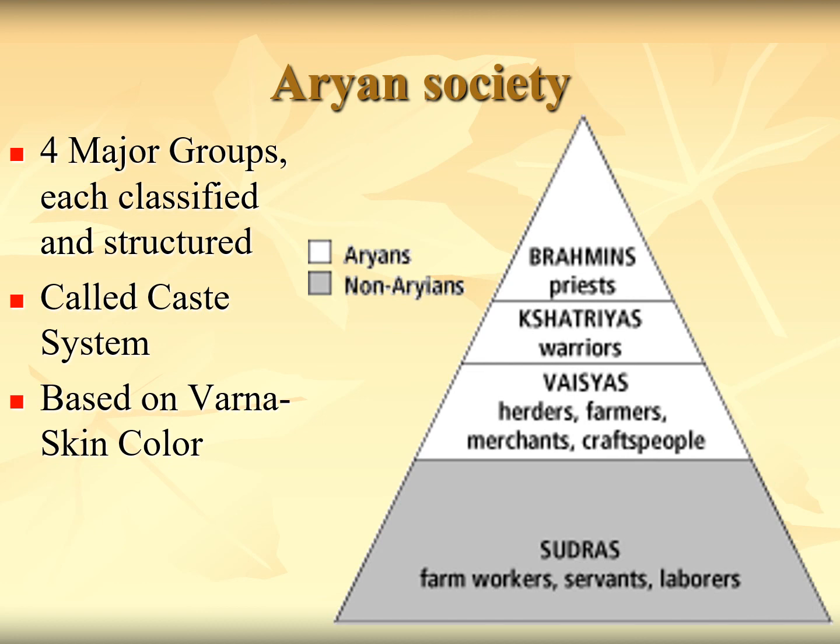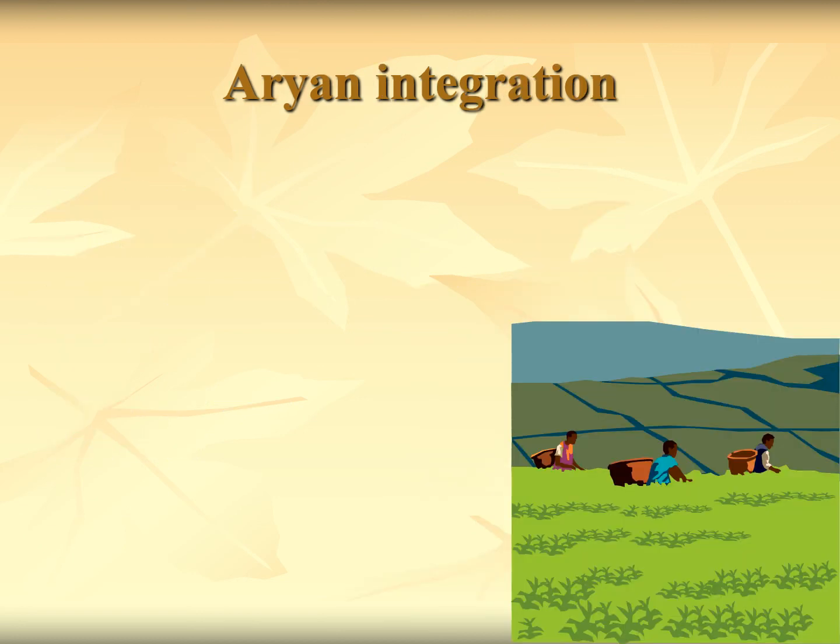So at the top, we have the Aryan classes of Brahmins, those were your priests, your Kshatriyas, who were your warriors and leaders, and your Vaishyas, which were your herders, farmers, merchants, and craftspeople. And at the bottom of society were your non-Aryans. These were your Shudras, your farm workers, servants, and laborers.